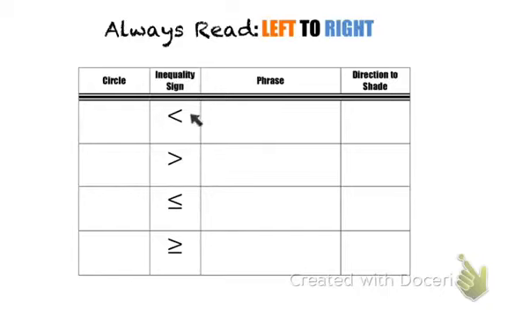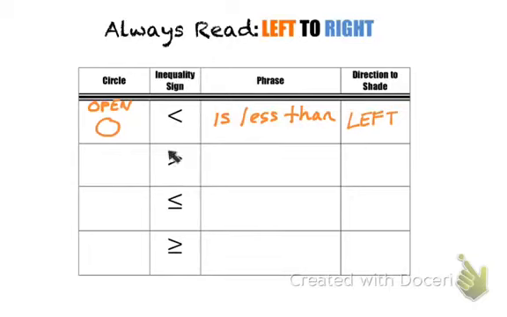So the first inequality sign, we have like an arrow pointing to the left, and because there's no line underneath, that means that we don't include that restriction that we find in our solution. So we would have on a number line an open circle, and this is read as is less than. So when you shade your inequality, a trick that I like to think about is because it's pointing to the left, is less than, I'm going to shade to the left.